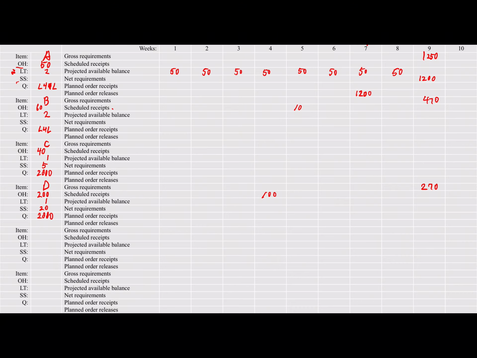We order 1200, and this 1200 will arrive in week 9. They will arrive at week 9. This is plan order receipts. Plan order receipts, plan order release. Okay.